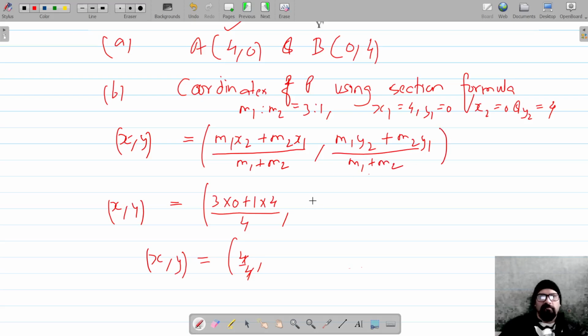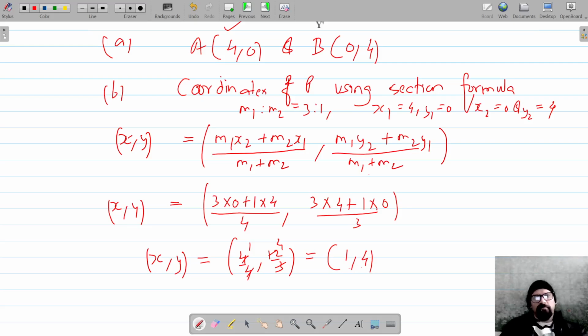So m1 is 3, y2 is 4, m2 is 1, y1 is 0, upon 4. So this is 12 by 4 actually, which gives me 3. So the coordinates of P are 1 and 3.